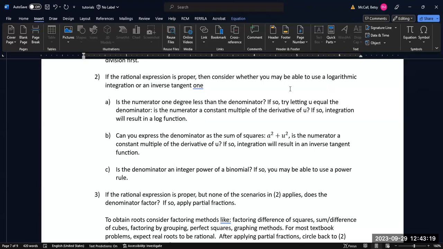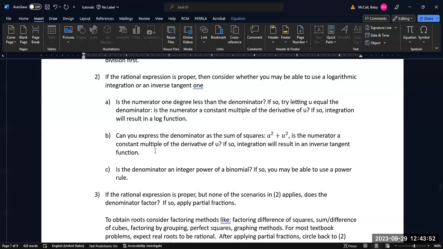So that's straightforward. The one thing that students will sometimes forget to check, at least in my experience, is if you can do an inverse tangent substitution. You do a substitution to obtain an inverse tangent. So it's a good idea to check for the log, but don't forget, if you have a sum of squares in your denominator, or you can rewrite your expression, possibly by completing the square, as a sum of squares.